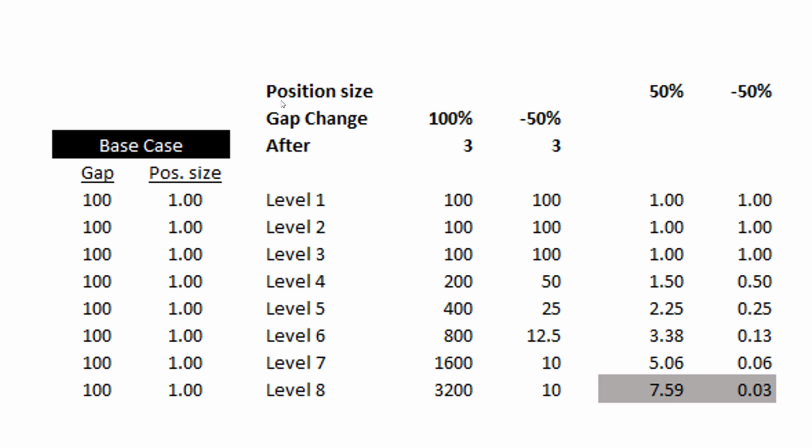And the same thing would apply to position sizing. If you want to increase your position sizing, the first 3 levels would be unaffected, but then the 50% increase would happen on each level. Or if you want to decrease it, the 50% decrease would happen on each level.